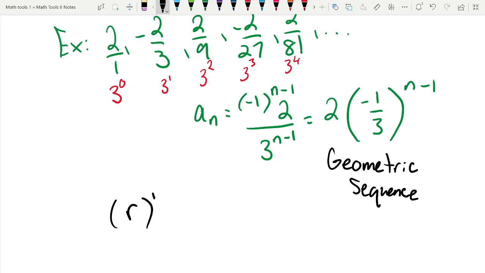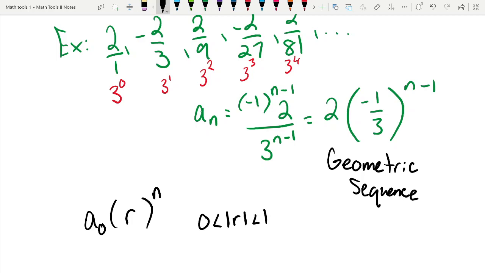But it's going to have something like A, we usually say, like A sub 0 or A sub 1 or whatever the first term is, times R to the n, where the absolute value of R is between 0 and 1. Okay. So something of this form is what we call a geometric sequence.